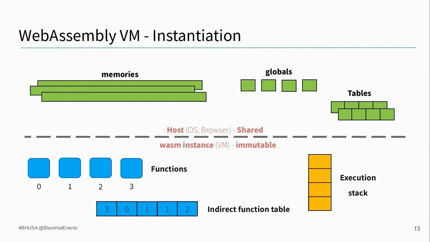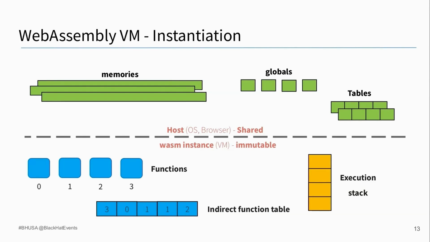So that's basically a quick overview of the VM and host interaction and the different objects. On one side, on the top, you have a bunch of memories, globals, and tables. Those are created by the host, and they are shared with the WebAssembly instance at the bottom. The WebAssembly instance is immutable, meaning that once the WebAssembly module is loaded and instantiated, there is no way to modify the function body, the function content, the indirect function table, and the execution stack.